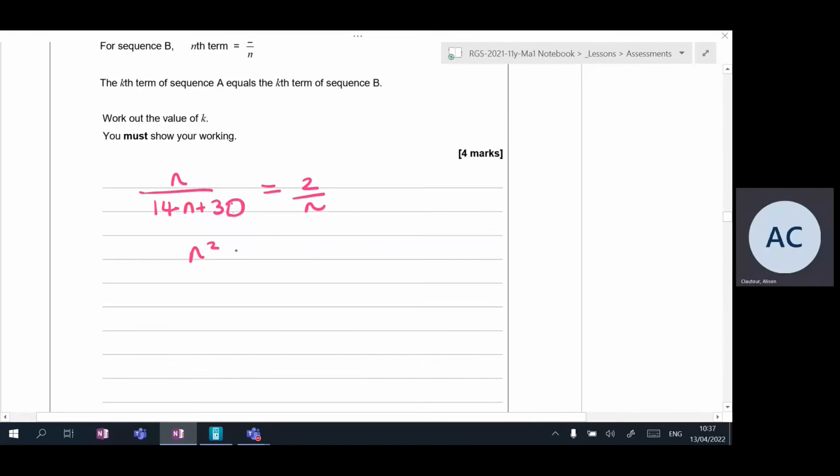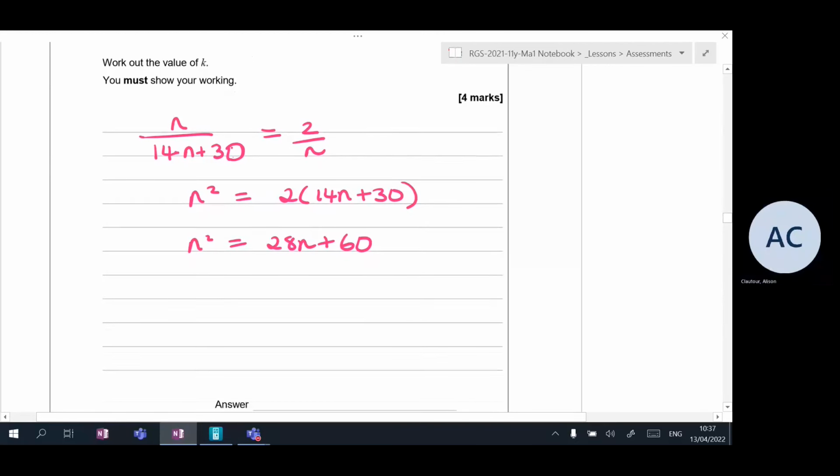Okay, so I'm going to cross multiply. So n squared is equal to 2 lots of 14n plus 30. I'm going to expand the brackets. So I've got 28n plus 60. And that gives me a quadratic to solve.